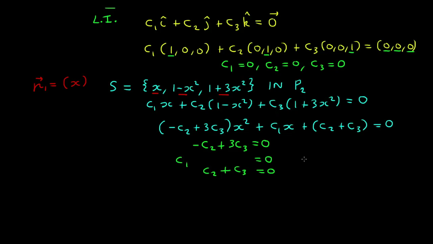So c1 is 0, and if we add the first and third equation, we get c3 is 0, and therefore substituting c3 into one of these equations, we get c2 is 0. Therefore the set S is a linearly independent set, because we only have one trivial solution to our vector equation.